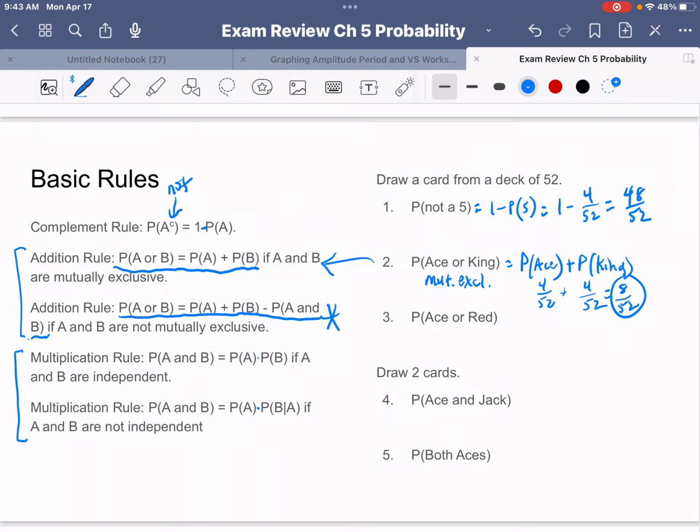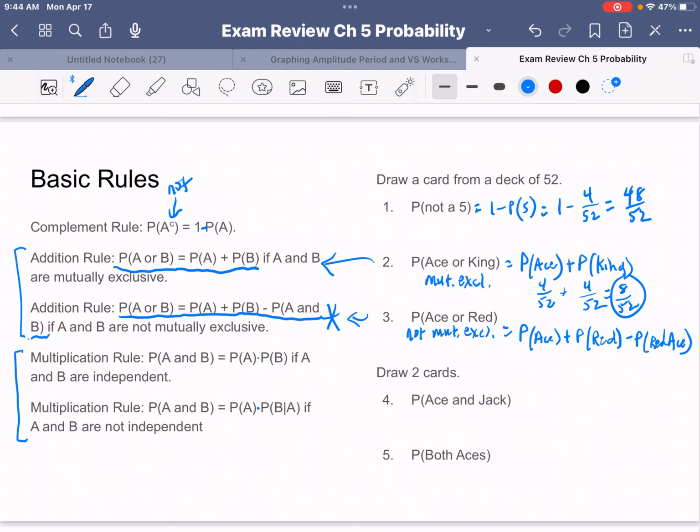What is the probability that the card is an ace or is red? Those two things are not mutually exclusive because there are red aces. So if we use this formula, that would be equal to the probability of ace plus the probability of red minus the probability of red ace.